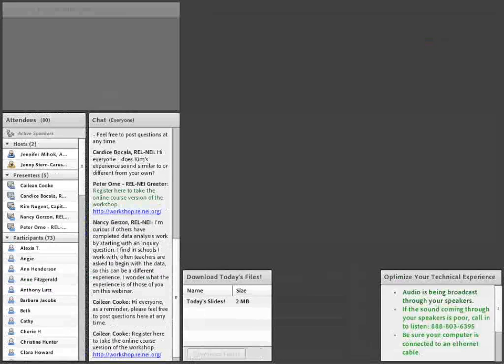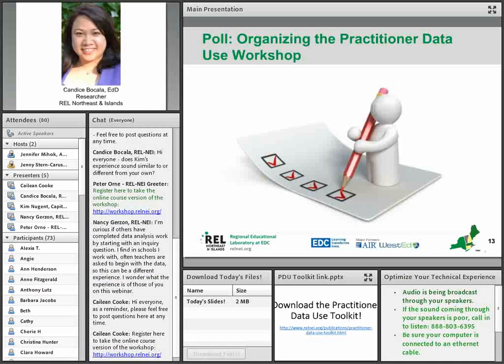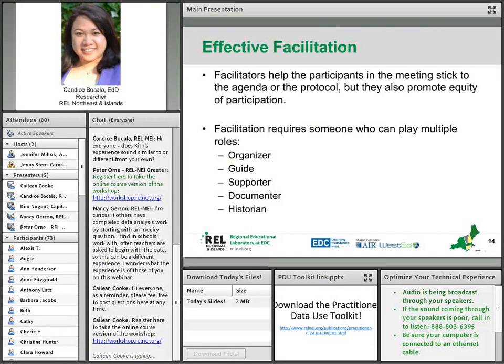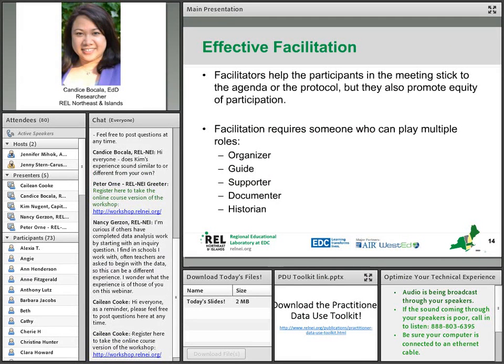But the benefit of days over time is that there's an opportunity for facilitators to work more closely with teachers around developing and internalizing some of the skills over time that are necessary, especially around the use of protocols and taking an inquiry stance.